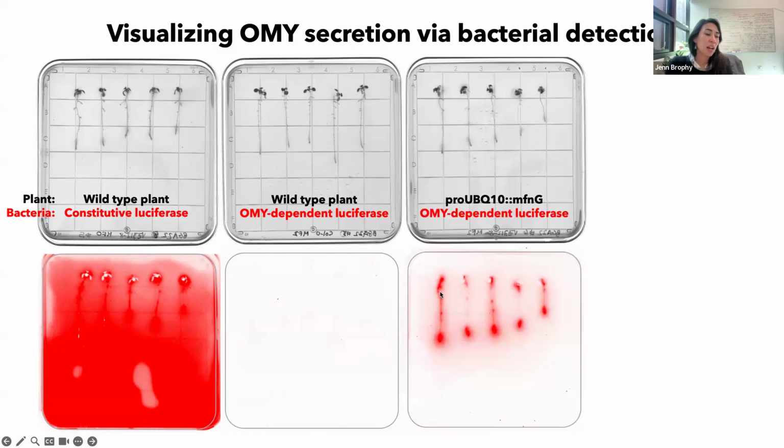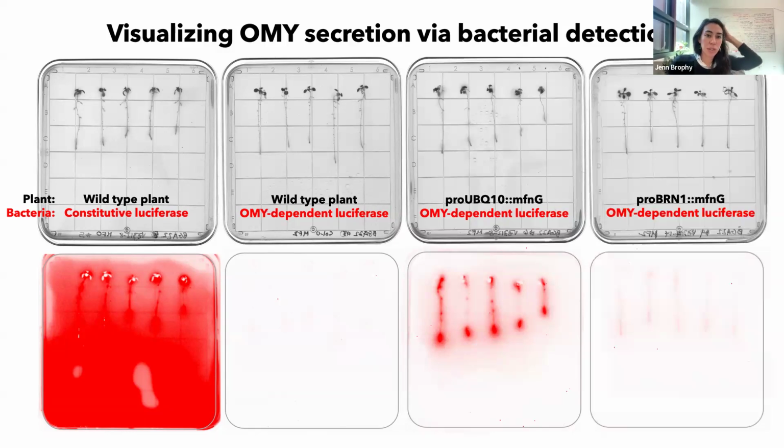So you can see that the bacteria are able to sense this non-standard amino acid being made by the plant. And then here's the root tissue specific line. You can see the overall signal is much lower, so the plants are making less of the O-methyltyrosine in this case, but still enough for the bacteria to at least detect and produce this luciferase signal.